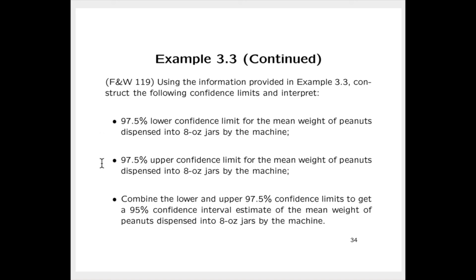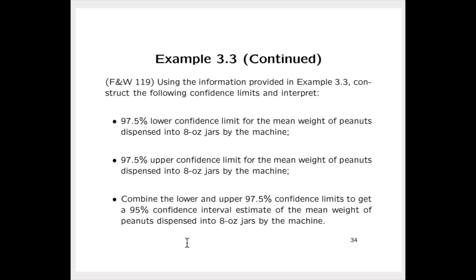We want to construct the 97.5% upper confidence limit for the mean weight of peanuts being dispensed into these 8-ounce size jars. And then we're going to combine the lower and upper confidence limits to get an overall 95% two-sided confidence interval estimate of the mean weight of peanuts being dispensed into these 8-ounce sized jars.